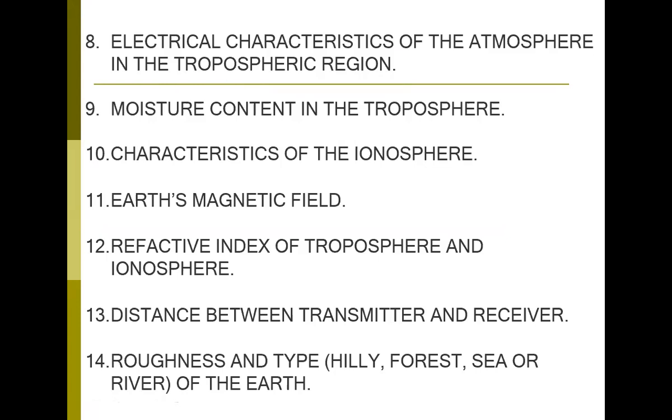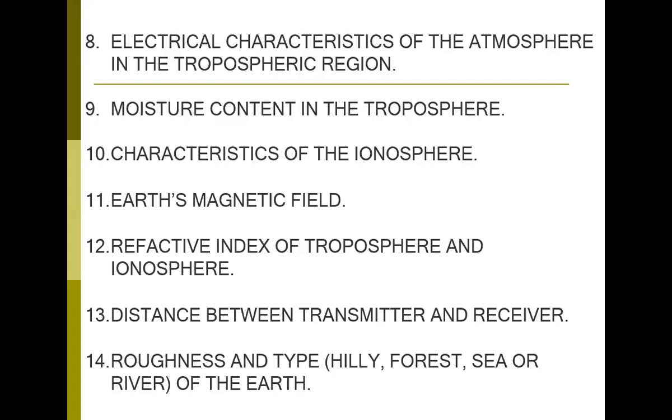Electrical characteristics of the atmosphere. We have classified the region into three categories: tropo, strato, and ionosphere. Each section has its own characteristics, because EM waves, electric and magnetic waves, are traveling through it.